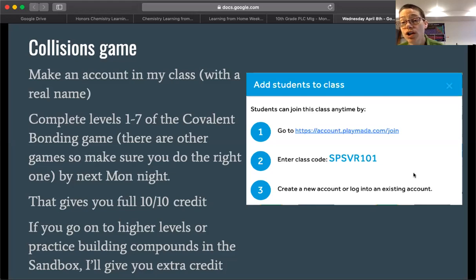If you go on to levels beyond 7, you can get extra credit. If you play in the sandbox, which it will show you what that is, you can also earn extra credit. So I'm providing you with opportunities to be able to earn extra credit on this assessment assignment. Does that seem fair? Yeah.